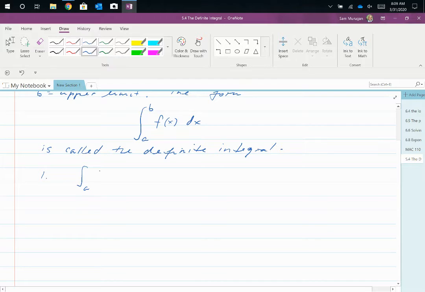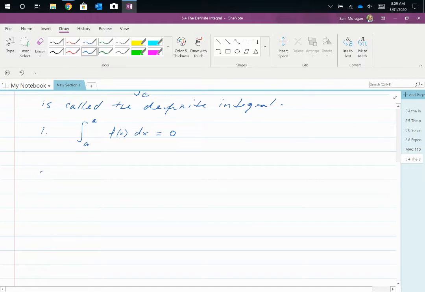If we're taking the integral between a and a of any function, it's equal to 0. To understand what's happening, this is allowing us to find the area under the curve between a and b.